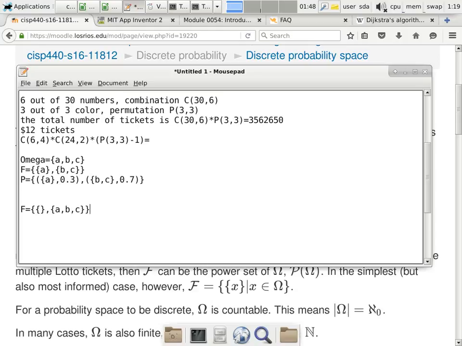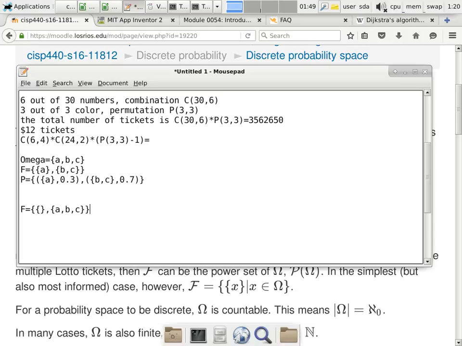How you partition omega and break it up into subsets in F depends on what you're interested in. For instance, in our example, you can say I'm interested in not winning any money, which is one subset of omega. Winning $12 is another subset.